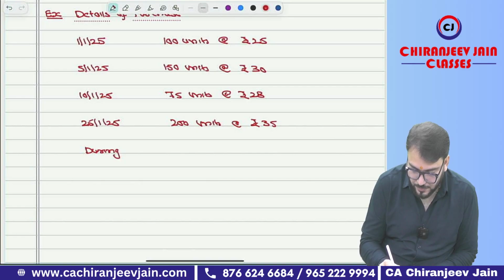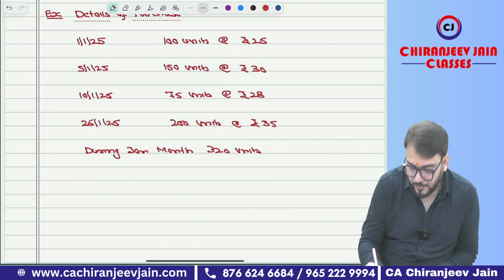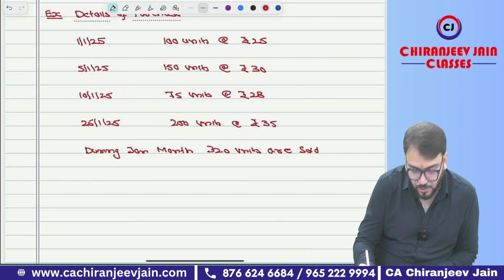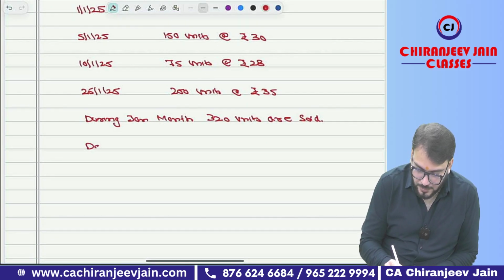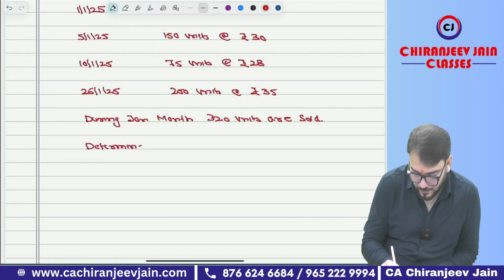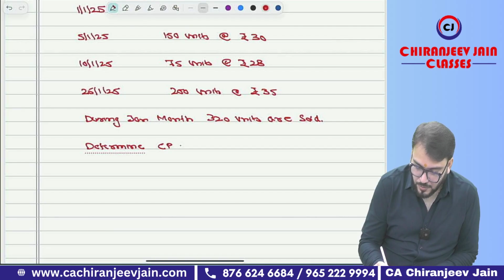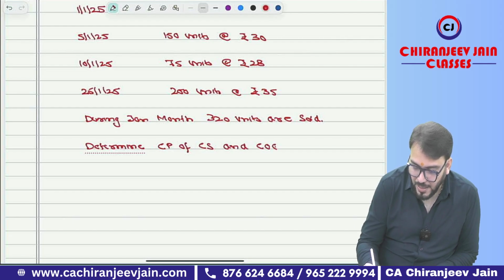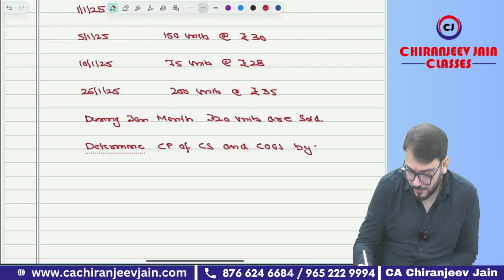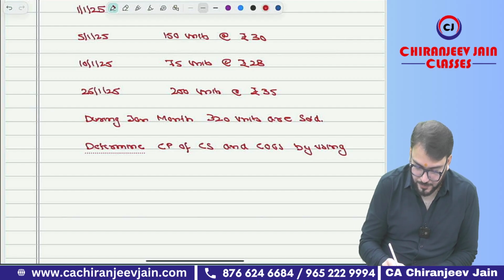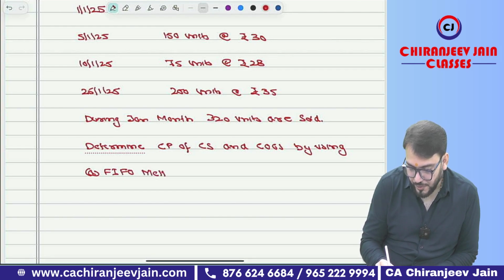During Jan month, 320 units are sold. Determine cost price of closing stock and cost of goods sold by using point number A, FIFO method.